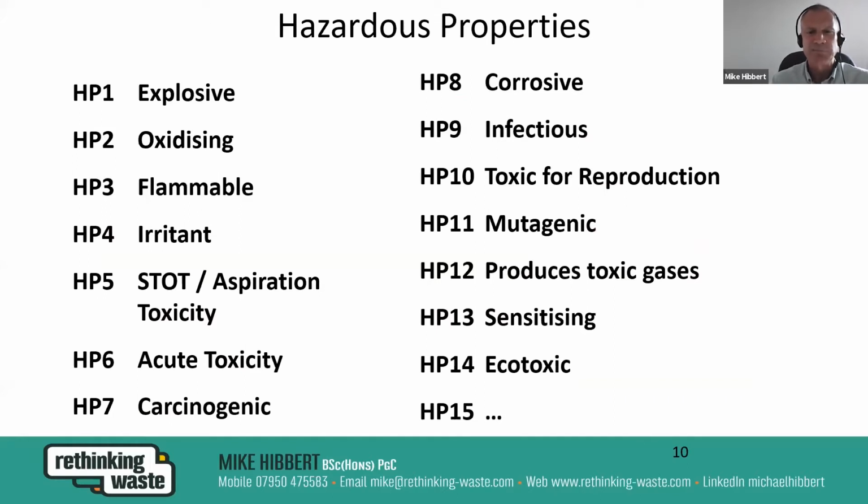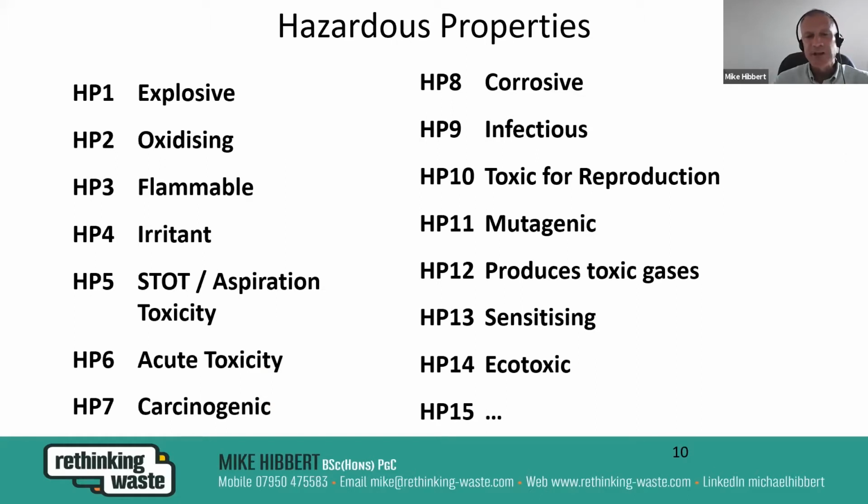So what are the hazardous properties? I'm not going to read through all of these. I'm sure that you can pick these out, but the sort of things you would expect: flammability, toxicity, whether they're corrosive, carcinogenic, ecotoxic. HP15 is to do with generating hazards associated during the treatment process.